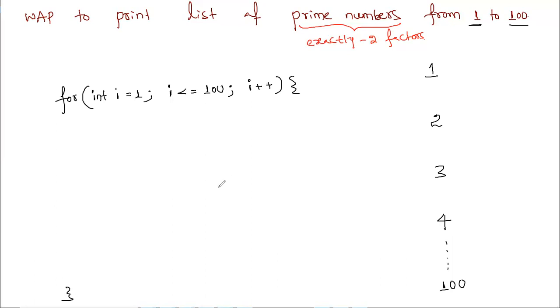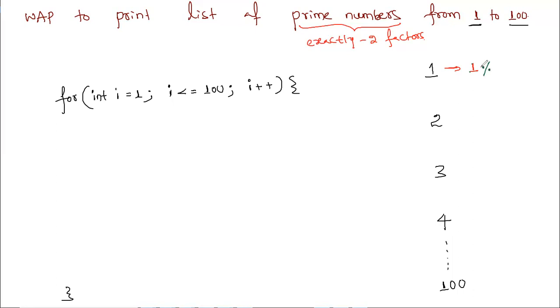Then inside this, what is the next thing to write? For that, let us understand the concept. If we consider 1, to check whether 1 is a prime number or not, we have to divide with the numbers starting from 1 up to this number itself. In the case of 1, it is the same number, 1 only.